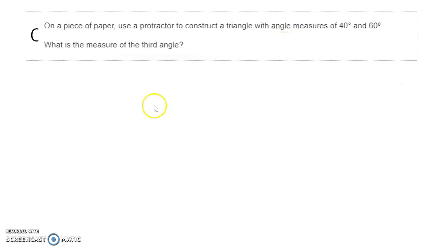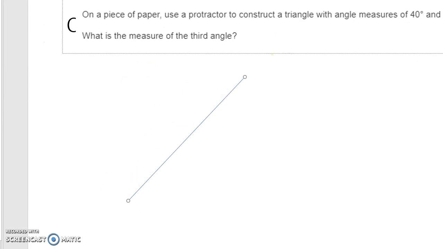So I'm just going to do a quick walkthrough of each question. So number one, on a piece of paper, use a protractor. You don't have to do all that. Draw this triangle with measures of 40, 60, and then they want to know what is the third angle. Draw a triangle here using my handy dandy.